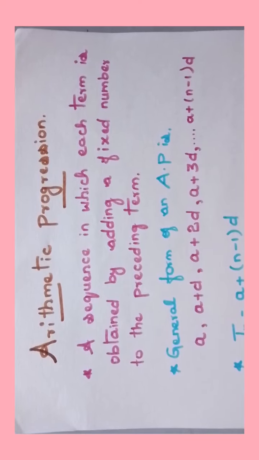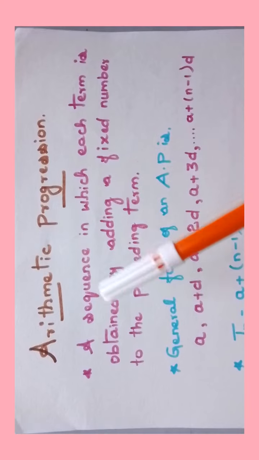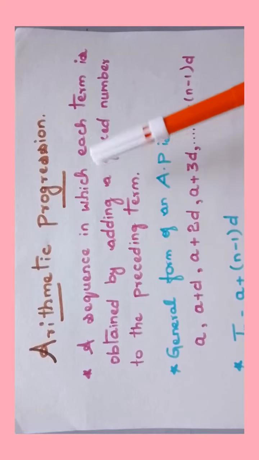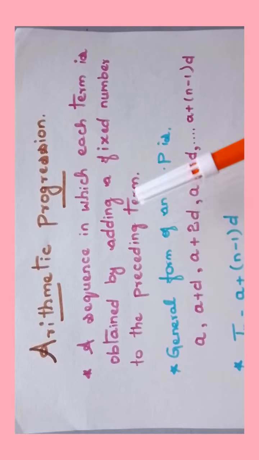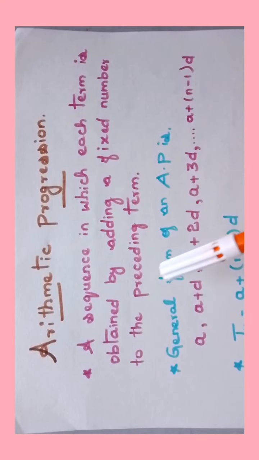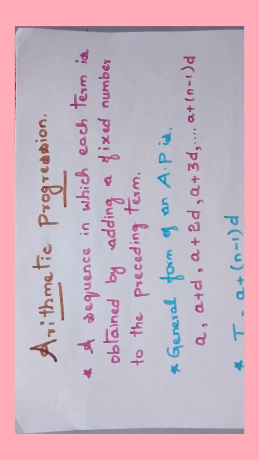Now let's move to arithmetic progression. What is an arithmetic progression? A sequence in which each term is obtained by adding a fixed number to the preceding term. The general form of an AP is a, a plus d, a plus 2d, a plus 3d, and it goes on like this, up to a plus n minus 1 into d.